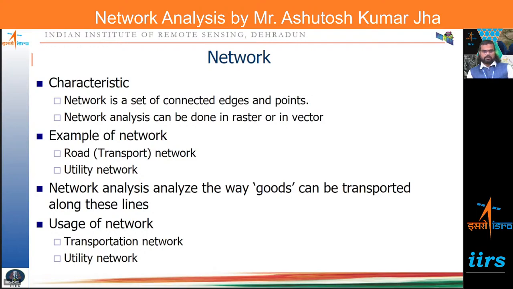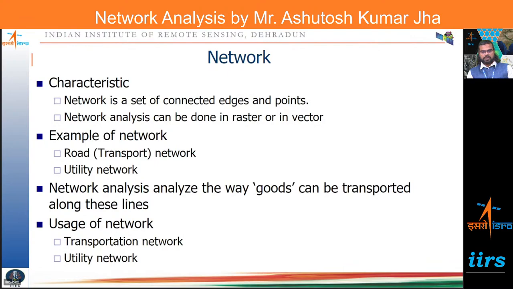Apart from the road network, examples include the utility network, power line networks, and networks related to water distribution. Those are also examples of networks where network analysis can be carried out.